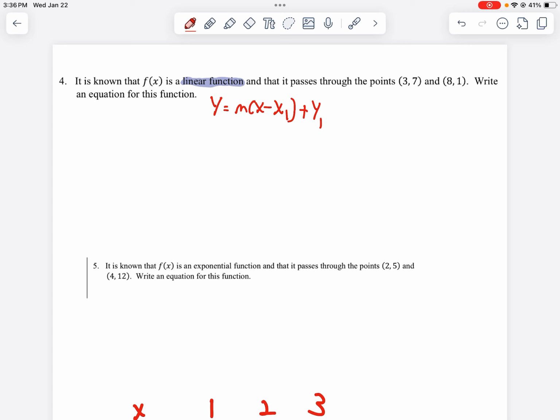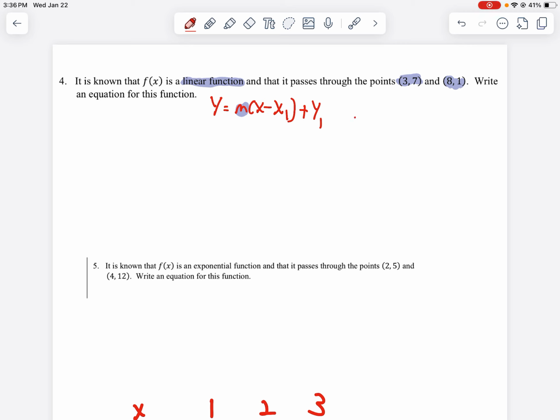All right? So we have two things to figure out. One thing: we have to figure out the slope, and then we can use either point to write the equation of the line. For linear, it's real easy because you've been doing it since Algebra 1.